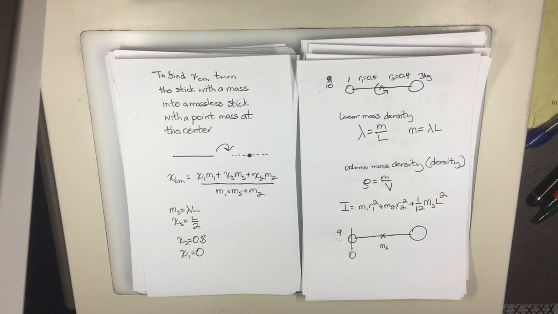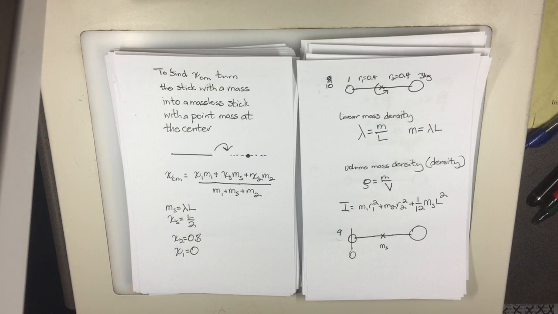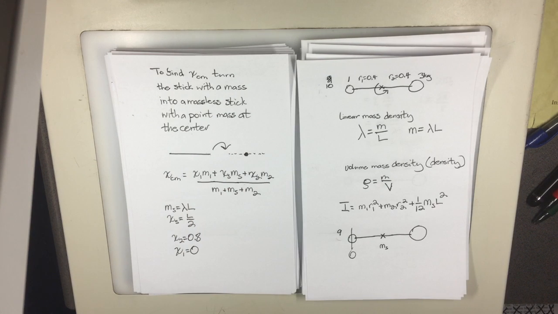How do you make the stick? How do I what? How are you making that stick massless? It's a simplification, because if you have a mass that's uniform, you're using your common sense, and you're going, well, where's the center of mass of that stick? Dead center. And so in an effort to determine the center of mass, they're equivalent.